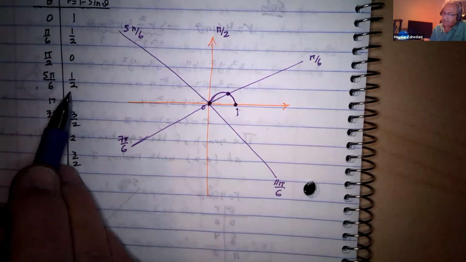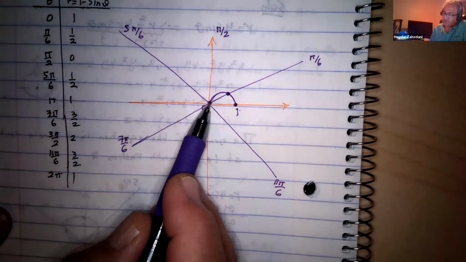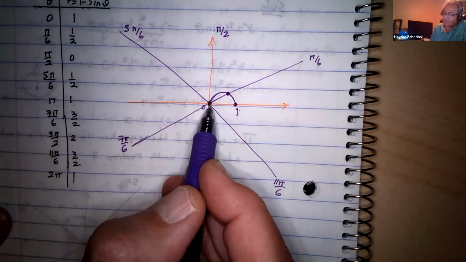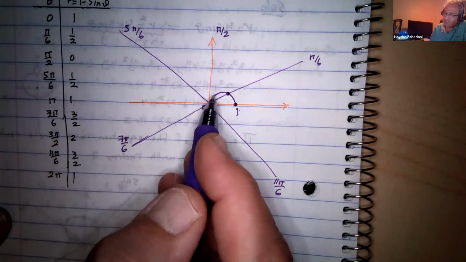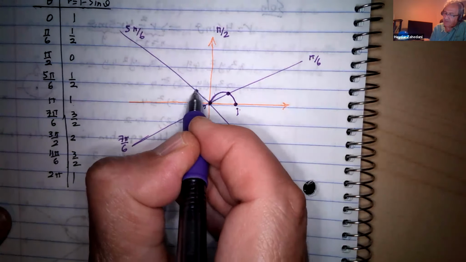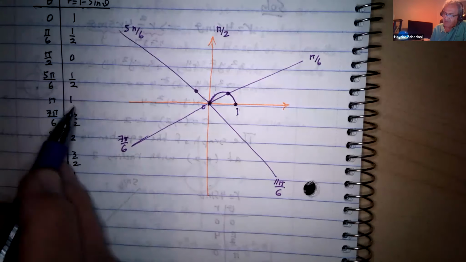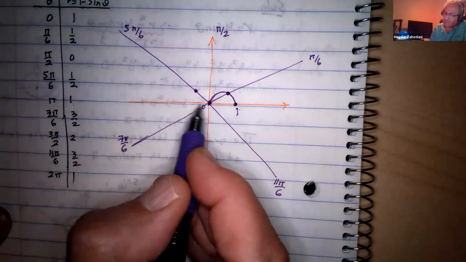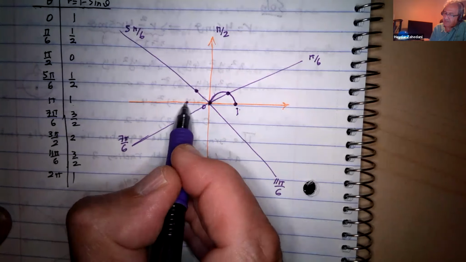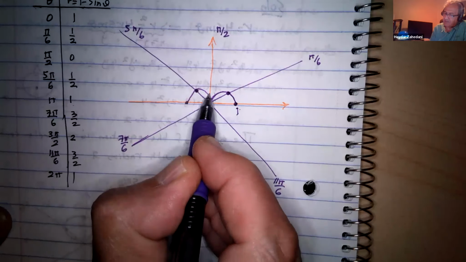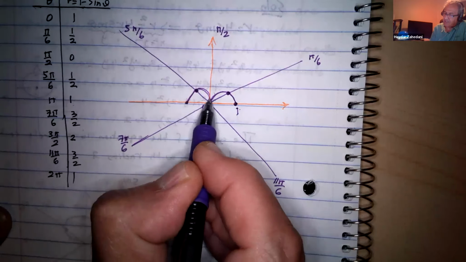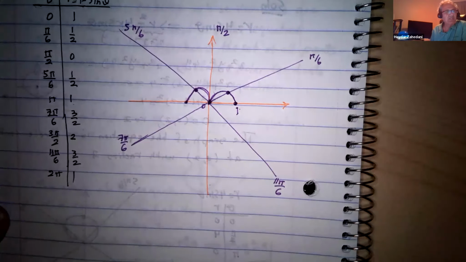At 5 pi over 6 it is 1/2, so it's going to be this point. At pi, it's going to be equal to 1. It's symmetric. So you continue and you get here.